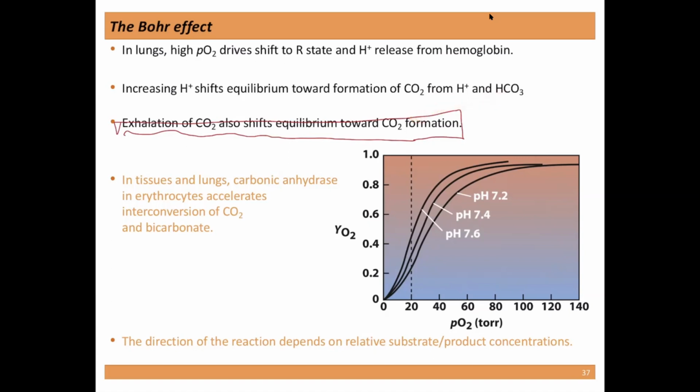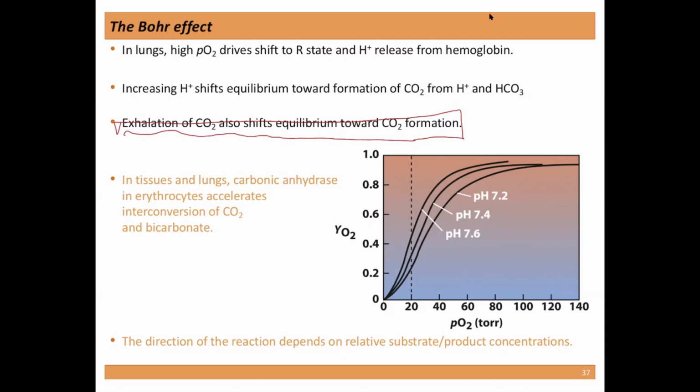And so you're going to release more CO2. Essentially, this is Le Chatelier's principle. If we can get rid of the CO2 by exhaling it, then the carbonic acid in our blood is actually going to form even more CO2. So at the lung air interface, we release lots of CO2 because as the CO2 releases, the carbonic acid turns into more CO2, which escapes from our lungs.